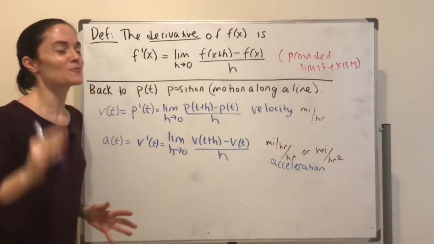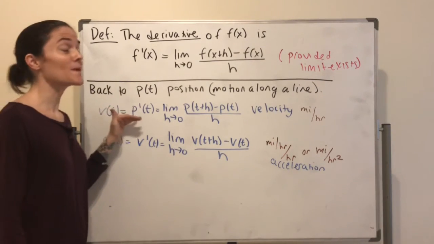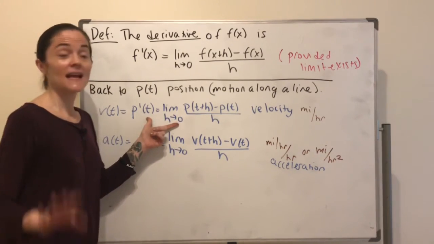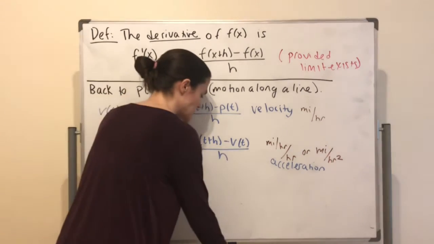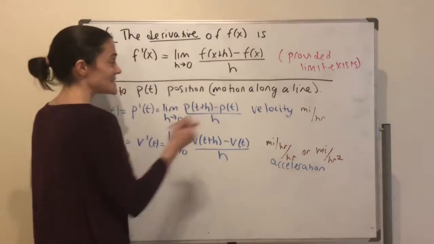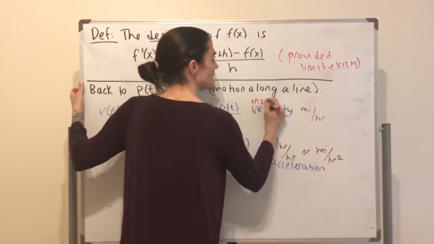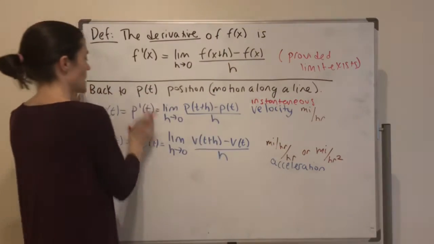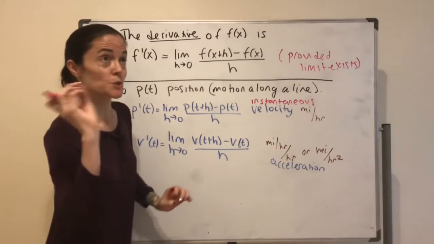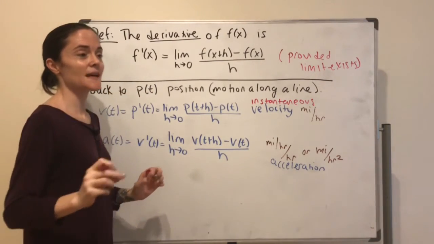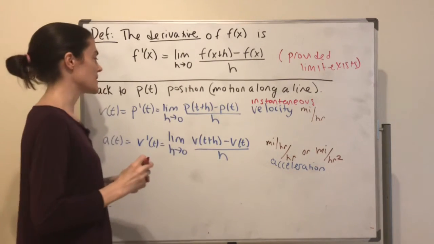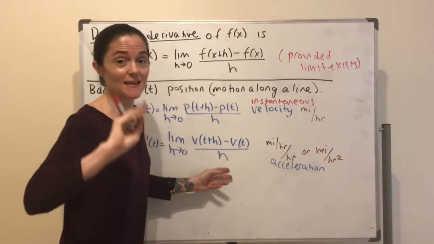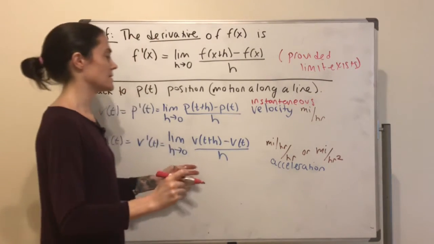But this is a big concept, so wrap your brain around this. You start off with position, motion along a line. This here, instantaneous rate of change of the position. This is, and I will add the word, instantaneous velocity. Okay, and with this new language, the derivative of position gives us instantaneous velocity. Okay, then if you look at this formula, it says the instantaneous rate of change of the velocity.